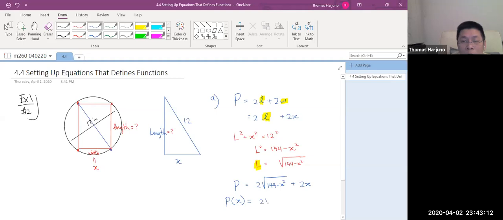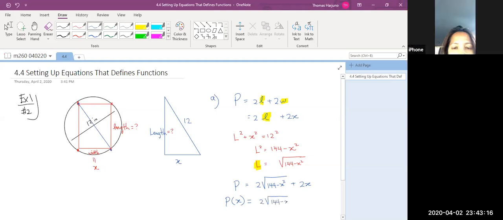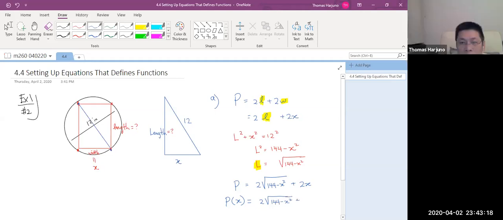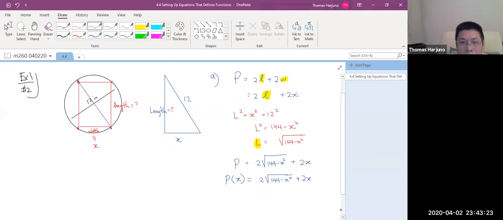That will be 2 times the square root of 144 minus x squared plus 2x. Now let me ask you to read part B.